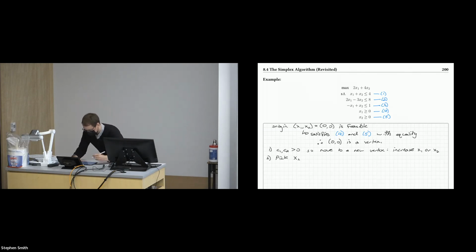So we can increase x2 until x2 equals 1. And at that point, we hit constraint 3.